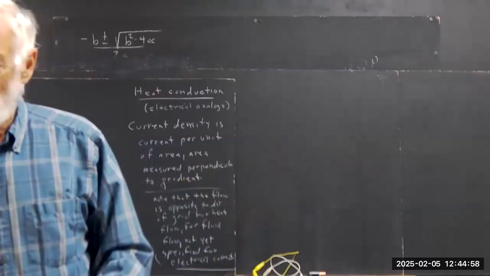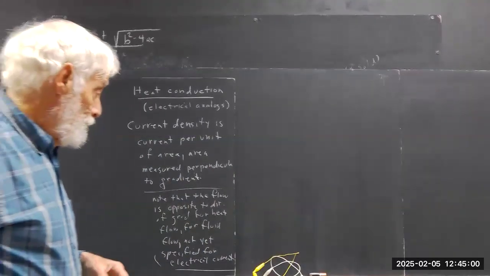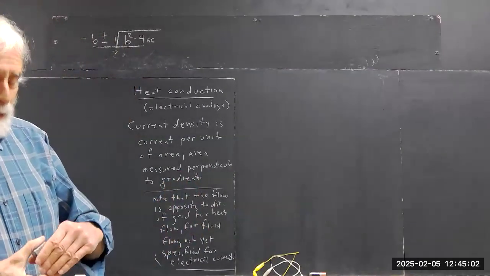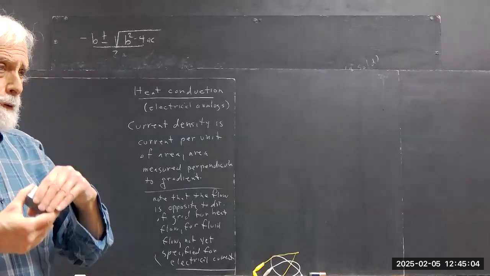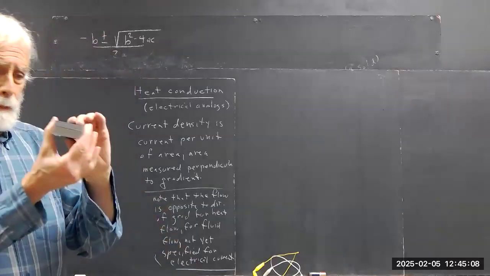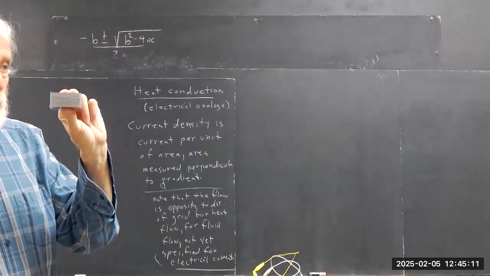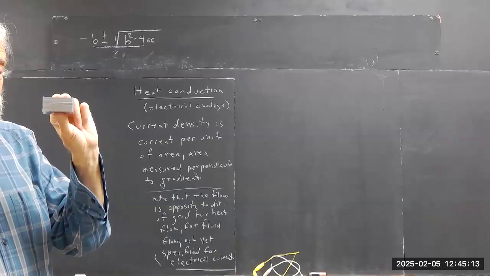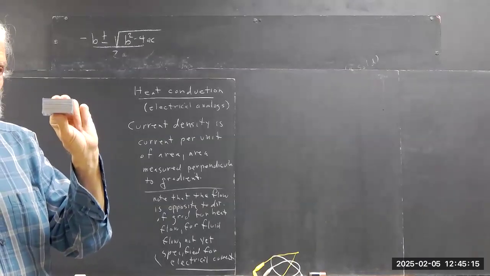Even though most of the class has had differential equations, you still didn't do that much with partial differential equations. That's a whole different ballgame. So we can't really prove that mathematically, but believe me, it works.